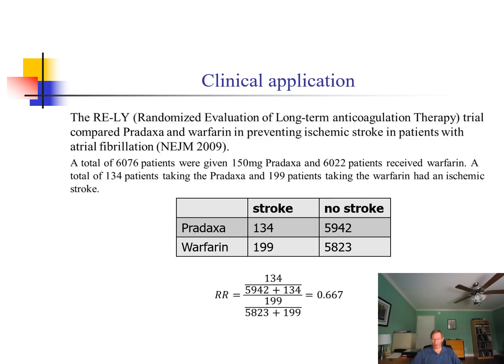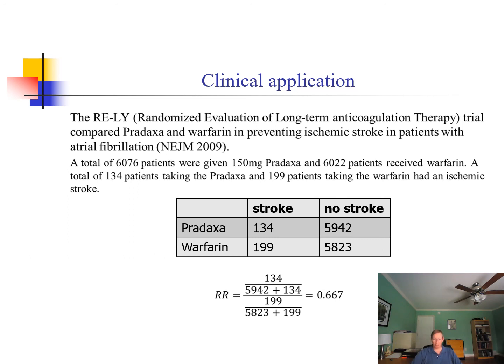So if I go back to my data, I had 134 people in the Pradaxa group and 199 that had a stroke, and that means the people who didn't have a stroke were the 6,076 minus this 134, or the 6,022 minus the 199. If I do this calculation using these, I get my 0.67, which is what was reported in the trial.